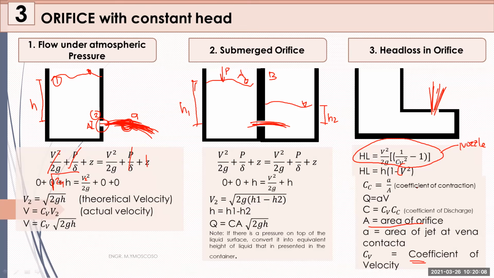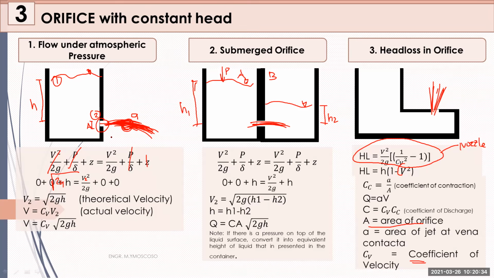Bakit tayo may tinatawag na coefficient of contraction? Take note, for example, in this tank, napakalaking tank nito. At ang outlet niya lang is yung magiging orifice natin. So, ibig sabihin, track ng orifice natin yung tubig natin para doon lang siya lumabas. Isipin nyo, rectangular shape yung magiging tank natin tapos lalabas siya sa orifice natin as a circular.